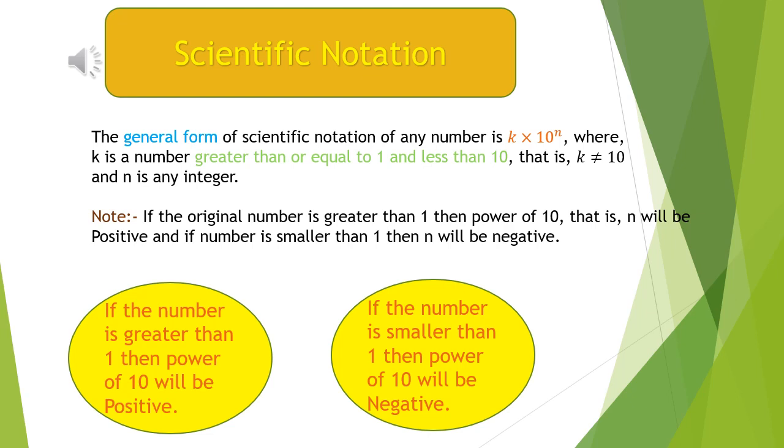It means k can be 3.5, 7.4, 8.9, 9.3, but k cannot be equal to 10, and n is any integer. If your number is greater than 1, then the power of 10, that is n, will be positive. And if your number is smaller than 1, then n will be negative.